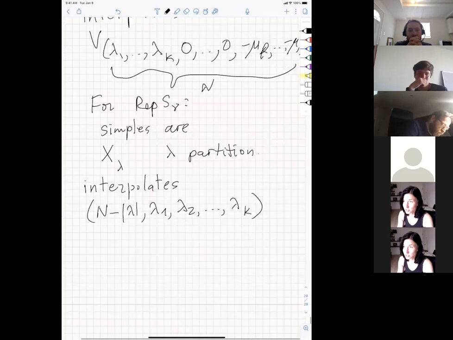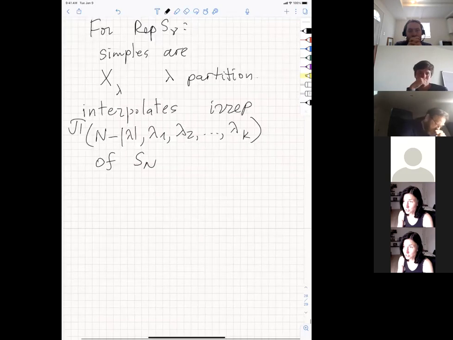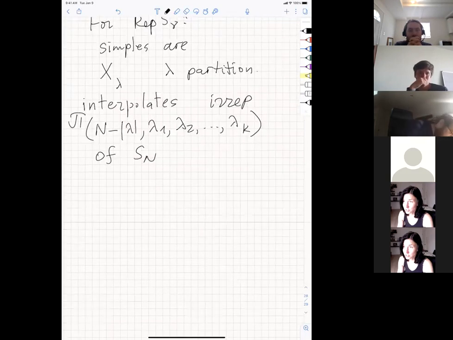So it's the irreducible representation of Sn for this partition. So in other words, we have to take our partition, for example, lambda equals 3, 2, 1. So you draw the Young diagram of that, which is this.